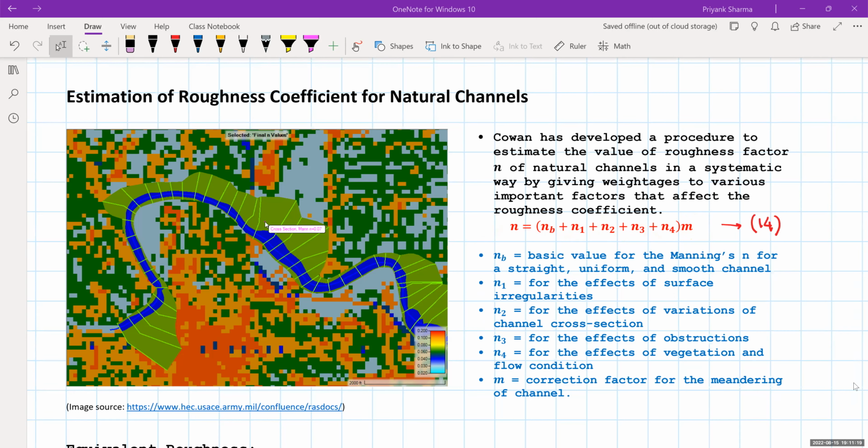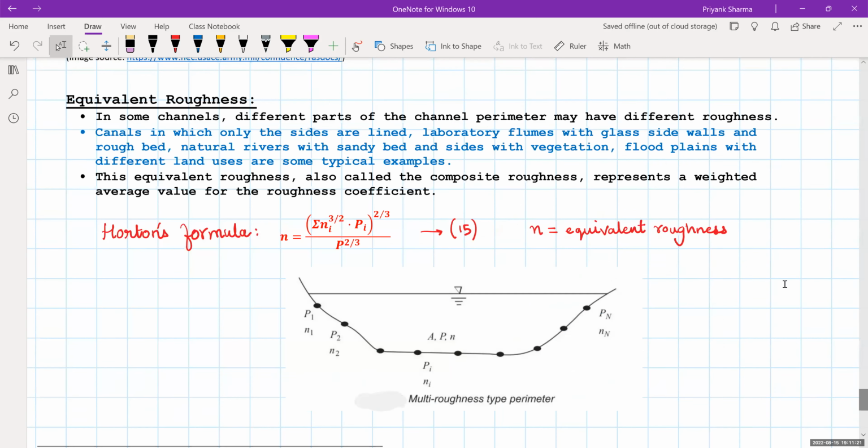And in another case, the last case, if the channel consists of multiple roughness parameters, then what to do? Sometimes the channels are very wide, so this part will have a lot of vegetation, this will be a gravelly part, this will have some sands, and this will have trees. So you have multiple roughness criteria. In that case, there is Horton's formula.